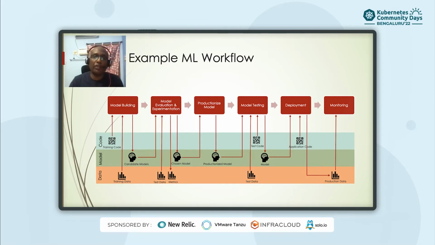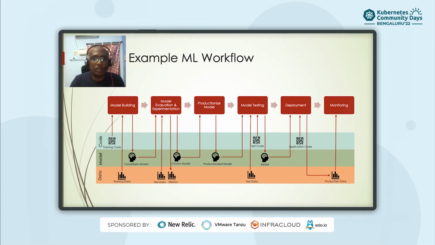Actually, what I'm trying to explain is, forget about all the phases that I have spoken about. Basically, what I'm trying to bring out is there is a workflow that happens.